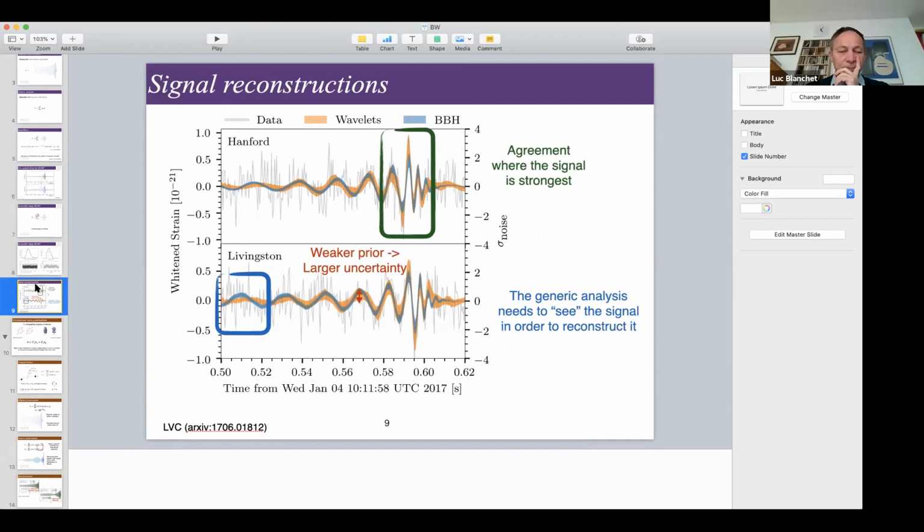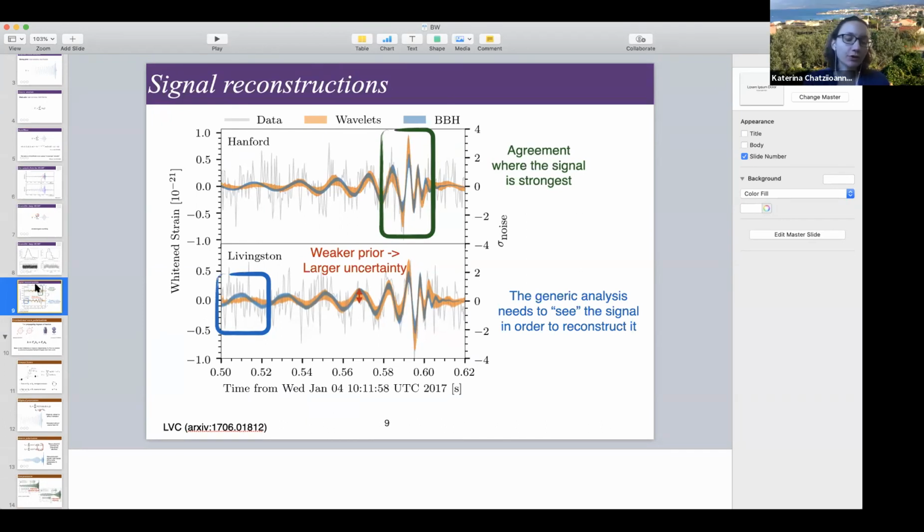So how exactly can we use this technique to reconstruct non-chirping signals? I'm thinking, for instance, of systems that we might see in the LISA band, or even to some extent binary neutron stars, which are chirping, but we don't see the merger.